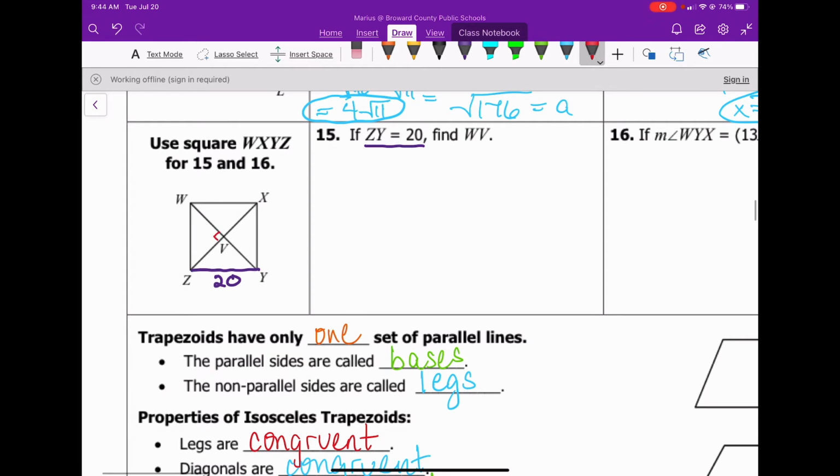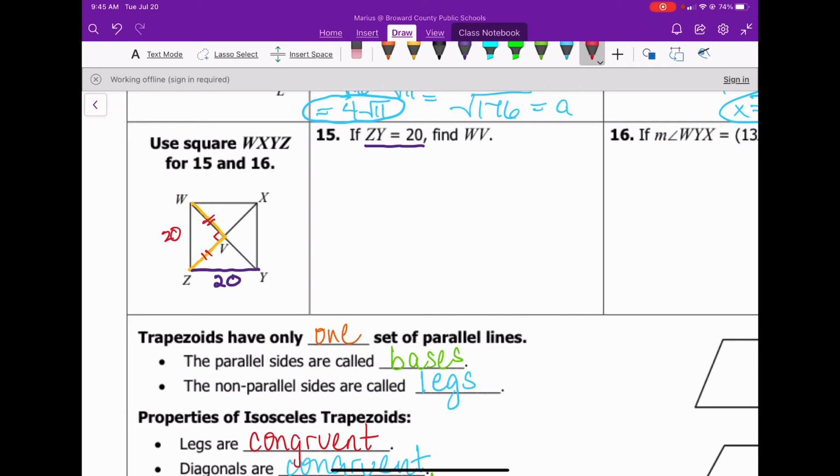We'll use this one here, because we know all the sides are 20. This is 20. Now, what we don't know is the distance of the 2 legs here, and I'm going to use the same color because they're both the same. WV is the same as ZV.